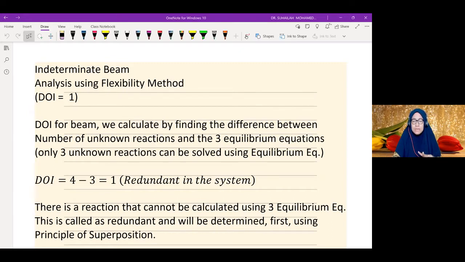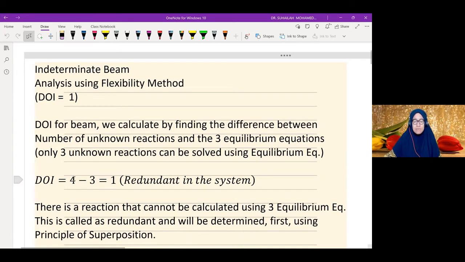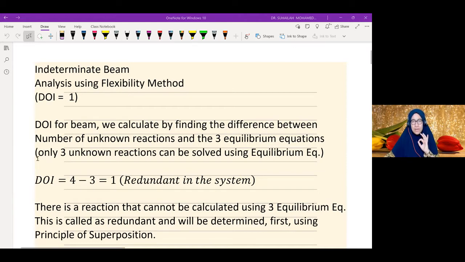The simple formula to find the redundant is 4 minus 3, where 4 is the number of unknown reactions in the beam, and 3 represents the reactions which can be solved using equilibrium equations.